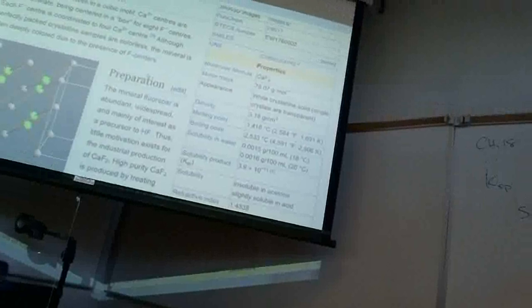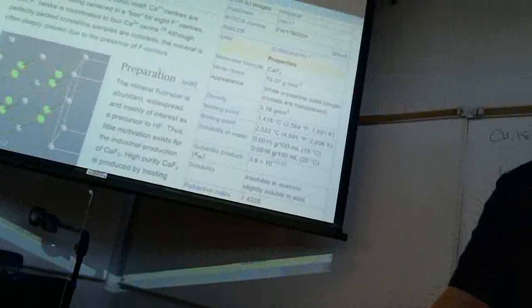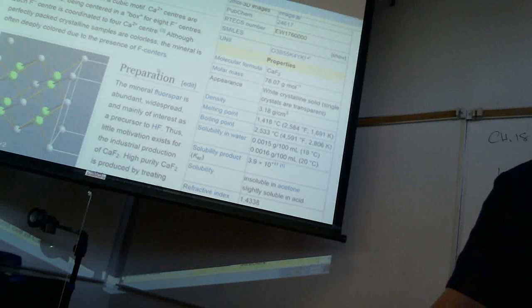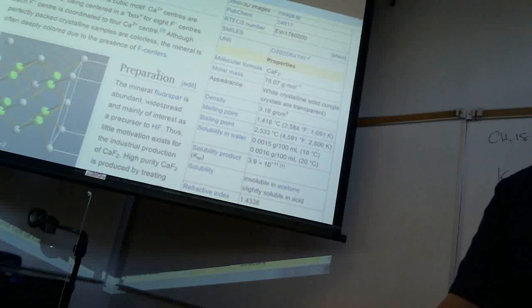Calcium fluoride, would you expect it to be soluble or insoluble in water? What about calcium chloride? Soluble. Chlorides, bromides, and iodides are all soluble except for silver, lead, and mercury. And so I'd expect calcium chloride to be soluble, calcium bromide, calcium iodide, and even calcium fluoride I would have expected to be soluble because it's just another halide, right?